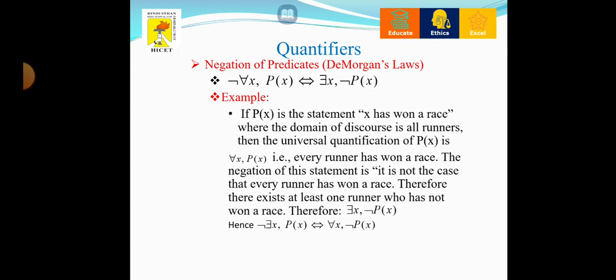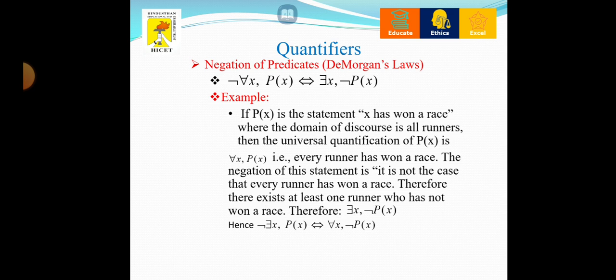Next, negation of predicates, De Morgan's laws. The negation of for all x, P of x is equivalent to for some x, not P of x. This is De Morgan's law for predicates. See the example.